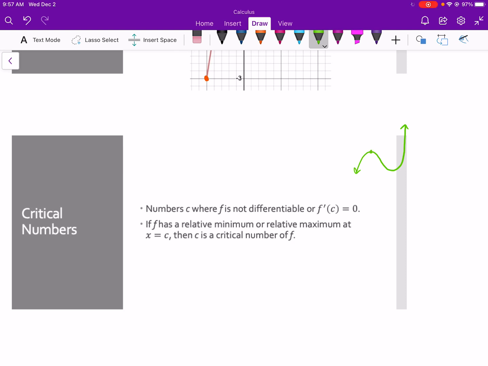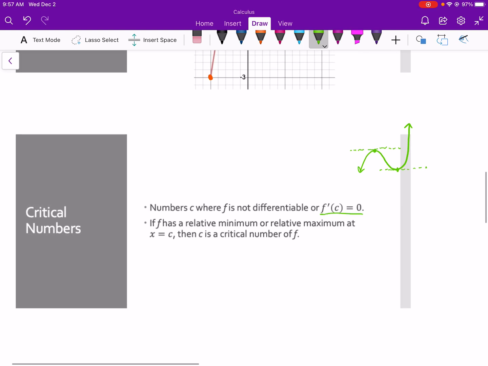We know that there's going to be a maximum here and a minimum here. Well, the slope at both of those points is 0. So that's where f prime of c equals 0 comes into play. It also happens where it's not differentiable, but we're going to focus more on the derivative being equal to 0.